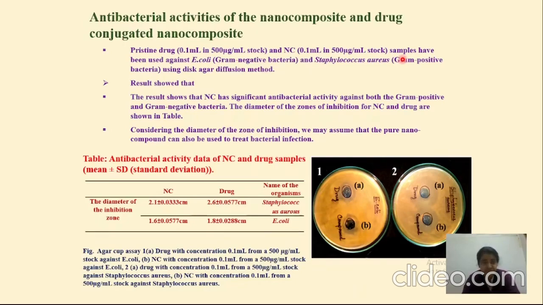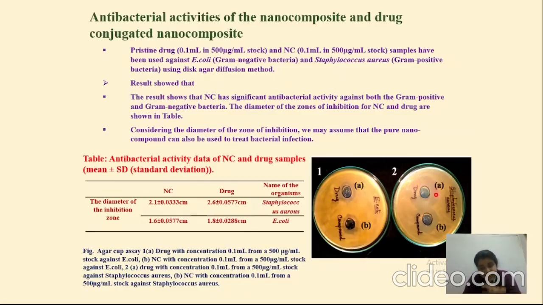Here we have prepared an agar cup and then applied both the nanocomposite, the drug conjugated nanocomposite and also the pure drug. This black shaded region basically gives the region in which the growth of the bacteria was totally inhibited due to the application of these compounds, right?